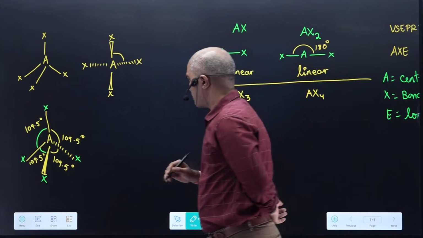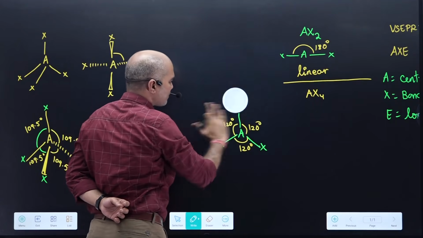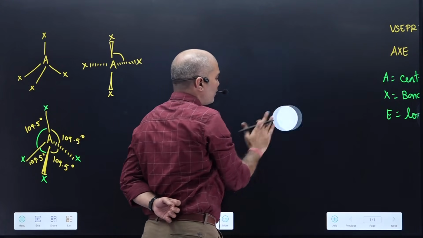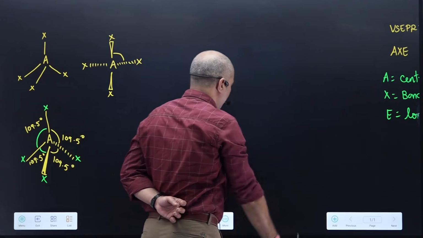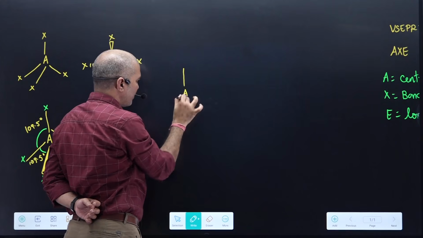Next, sp3d. For sp3d, according to VSEPR, there is only TBP, but for your convenience I will also draw square pyramid.